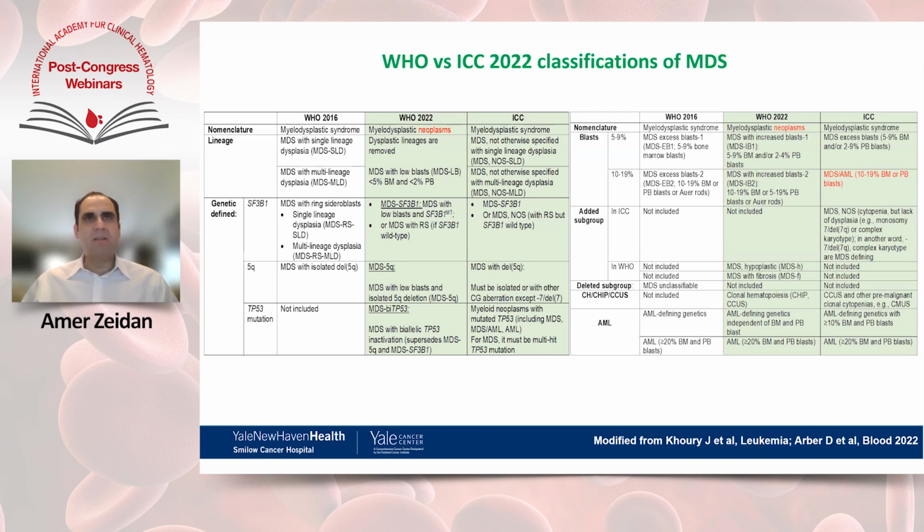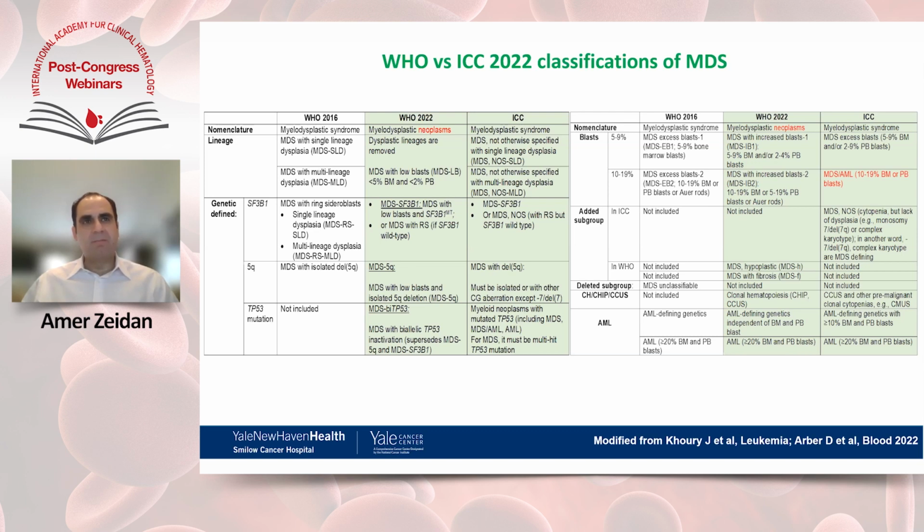TP53 mutation, both entities recognize that patients with TP53 generally do poorly, and they integrated this as a distinct subgroup of MDS. In the WHO 2022, this is called MDS with biallelic TP53 inactivation.